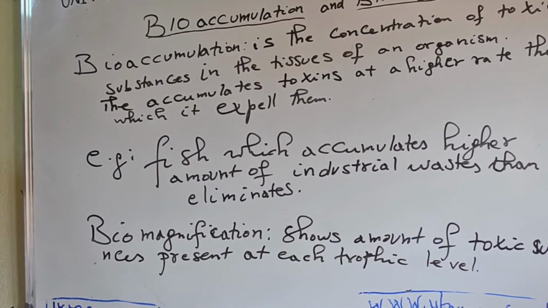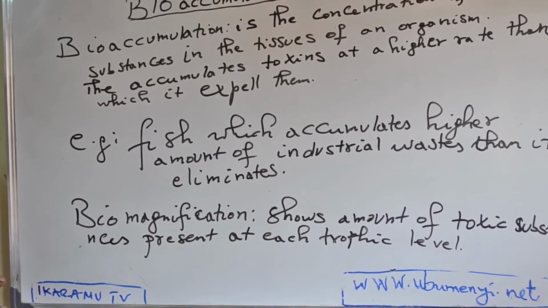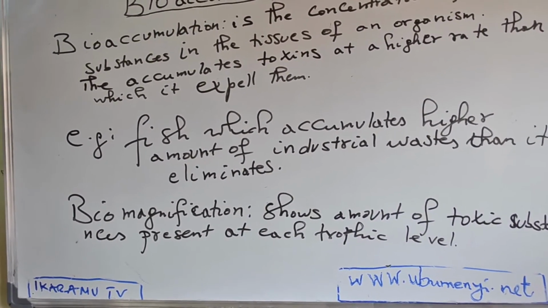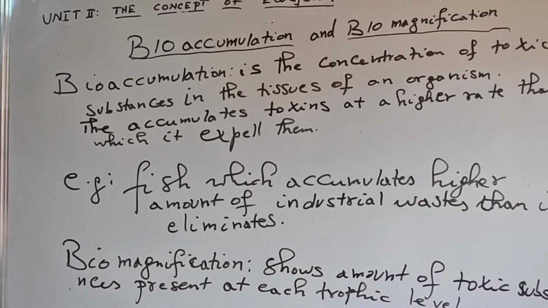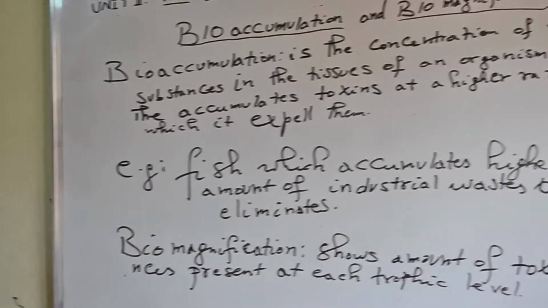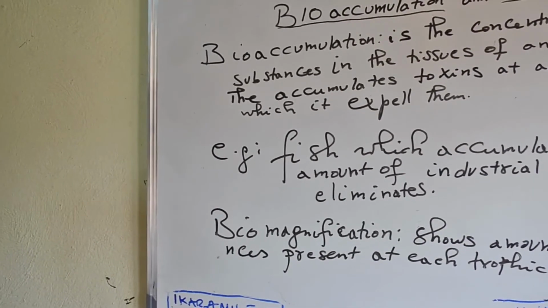This means we have a very great chain of organisms, and at each trophic level, each organism has a certain amount of toxins.